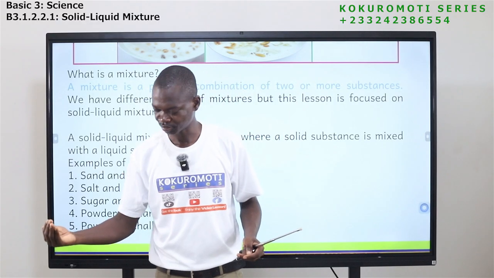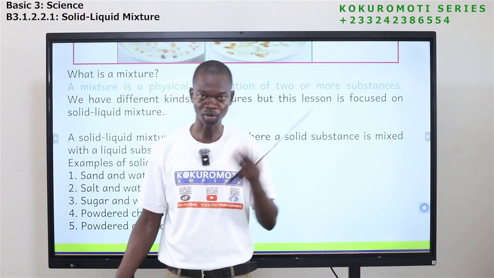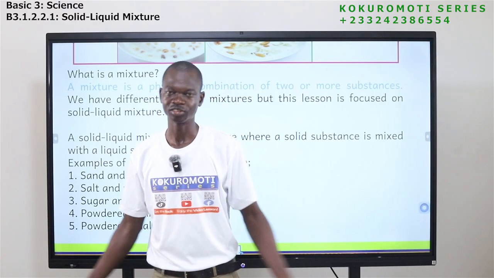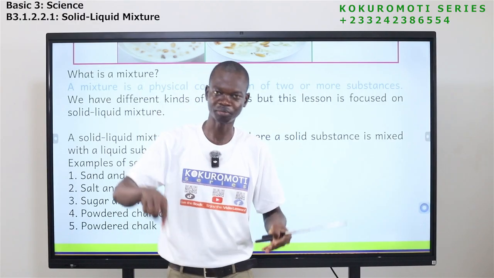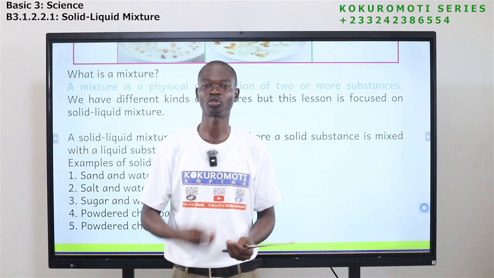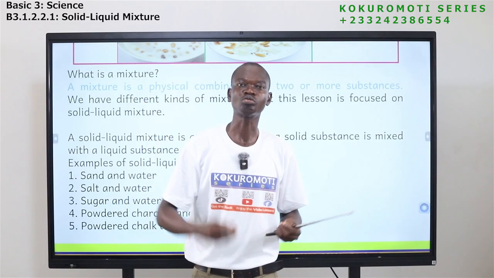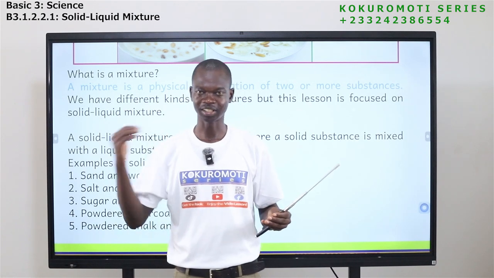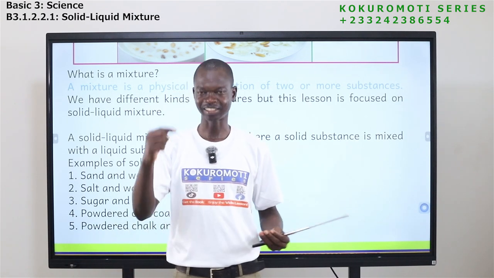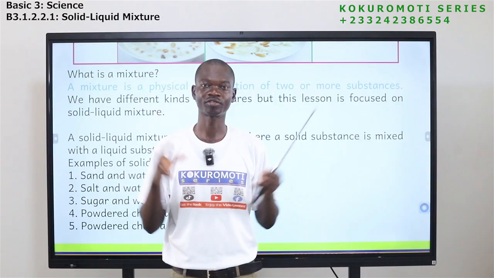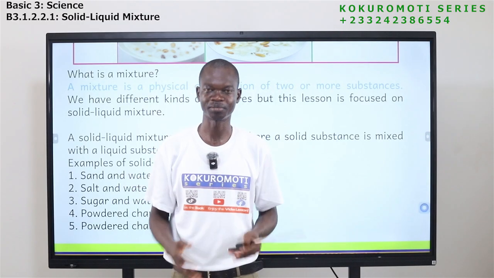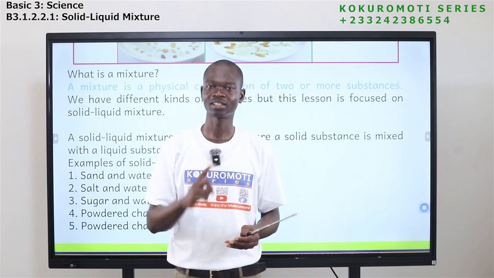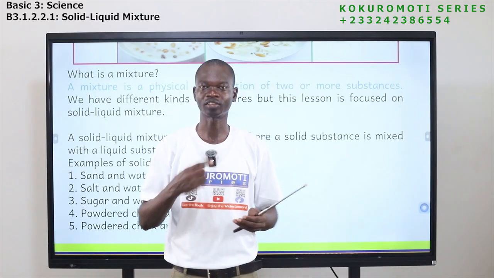If you have garri, sugar, water, granules, you put everything together, you mix it. It's a mixture because it is made of two or more. In this case, 4 substances you mix. That is a mixture. One substance cannot form a mixture.